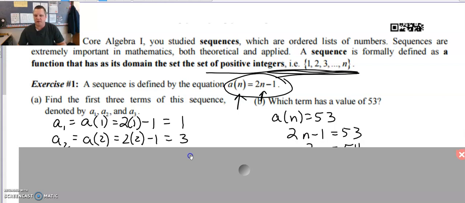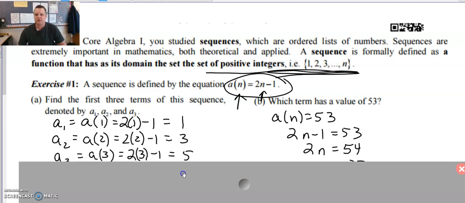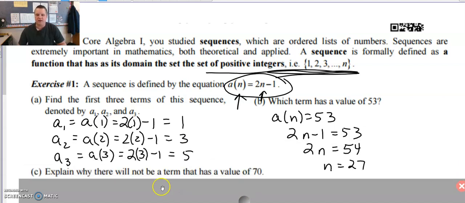So you put 53 in for A sub n, you have 2n minus 1 equals 53, and you go ahead and solve. 2n equals 54, n is 27. Like I said, it might be a quicker lesson today, but make sure you pause it where you need to copy things down.